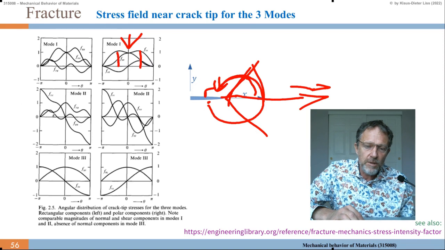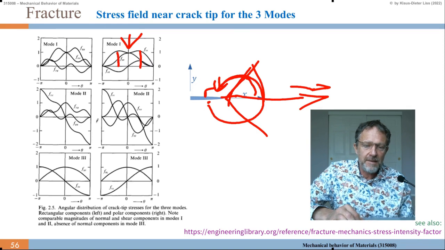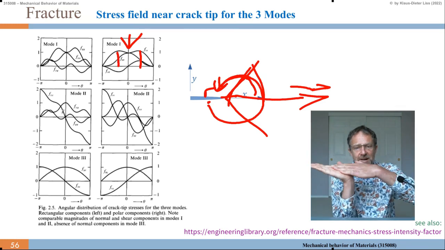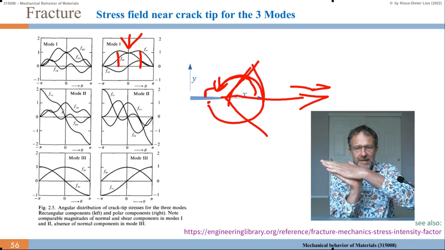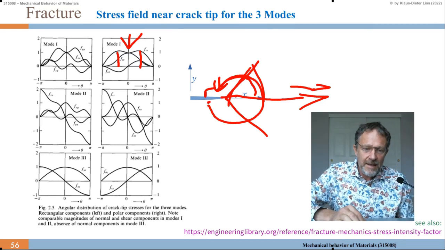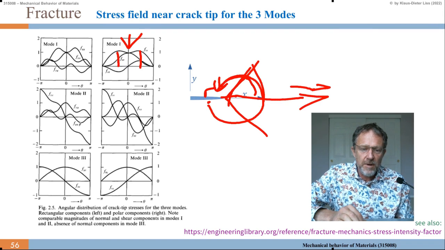So for mode 2, we can get a similar formula. Mode 2 is, of course, where we shear now along in this plane, along the x direction, and therefore the normal stresses become asymmetric if you go from the top to the bottom, but the shear stresses become symmetric. And in mode 3, we have absence of normal stresses.